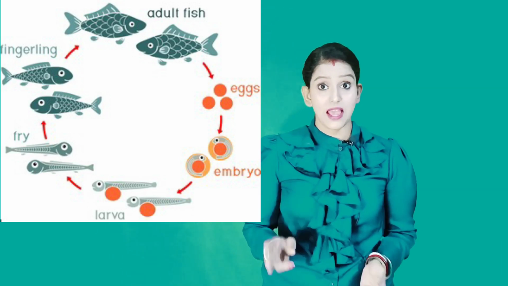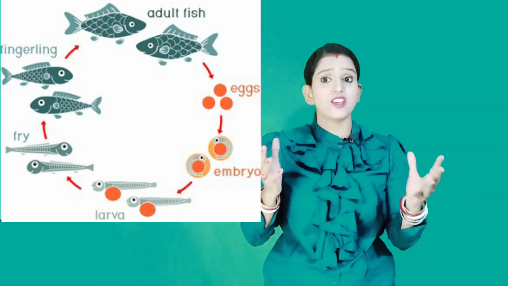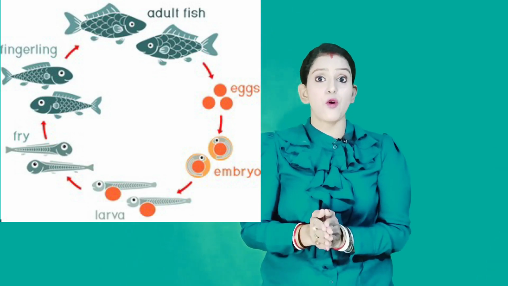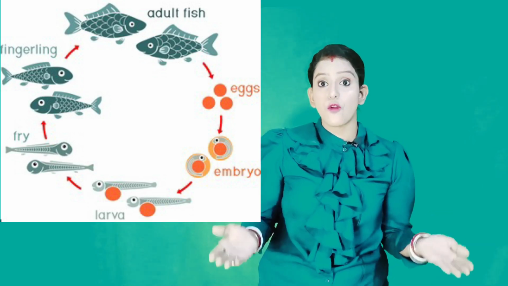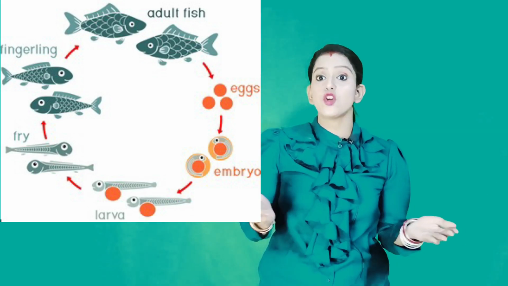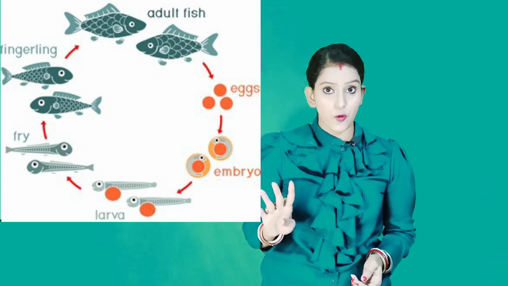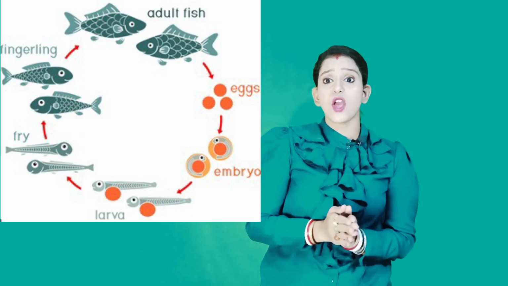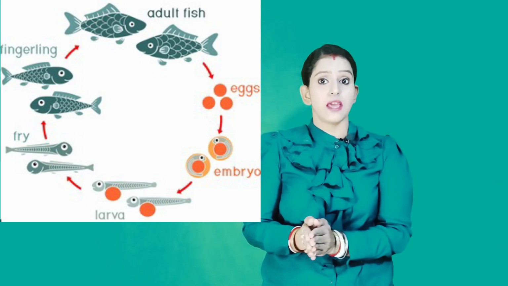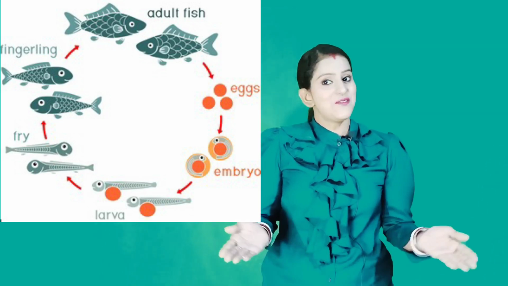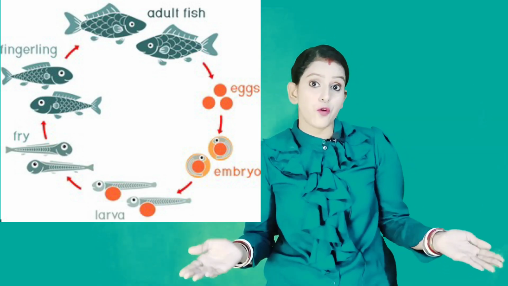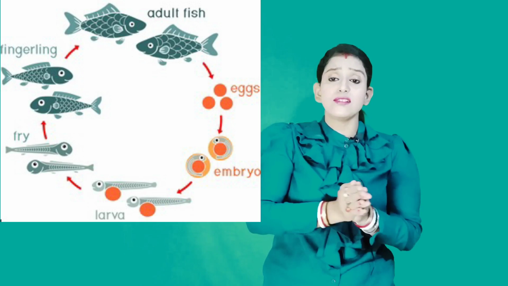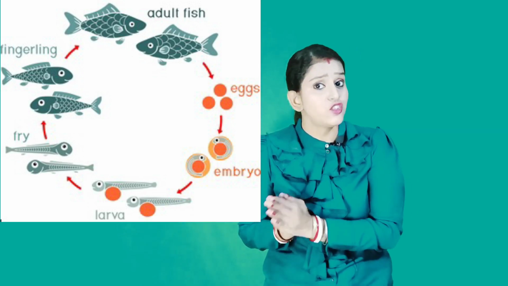Stage 3. Larva. After hatching, the developing embryo is called a larva. It obtains its food from a yolk sac attached to its body. Stage 4. Fry. Once the yolk sac is fully absorbed, the young fish is called a fry. In this stage, it starts finding its own food and undergoes different stages of development and changes.